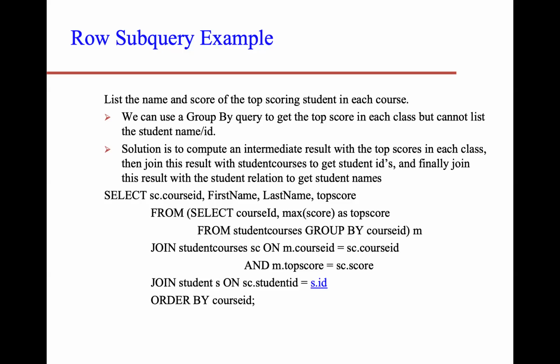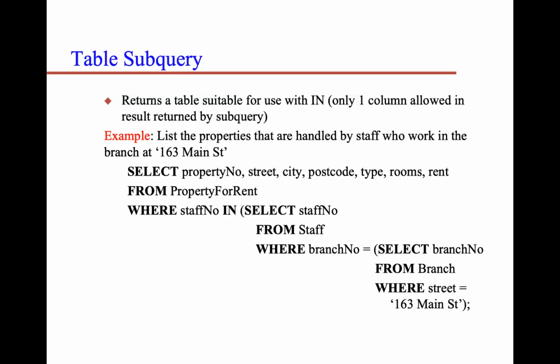Okay, so we've shown you two types of subqueries, a scalar subquery and a row subquery. The third one is called a table subquery, which is confusing because really a row subquery is a table subquery, and a table subquery is really a column subquery, but that's the way they're labeled, so you just got to roll with it.